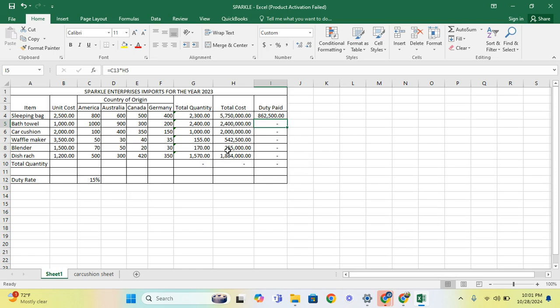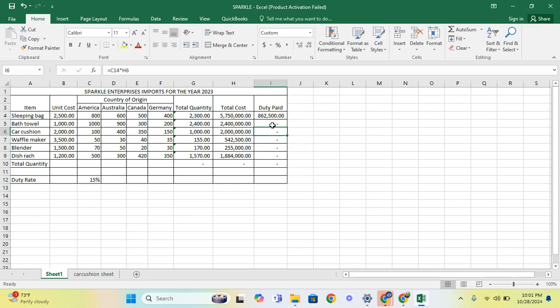So in this case, we want to lock the cell with the duty rate, that is 15%, the cell C12. When we lock that cell, each and every total here will be multiplying each cell with this cell C12 instead of them moving the way we are seeing here.